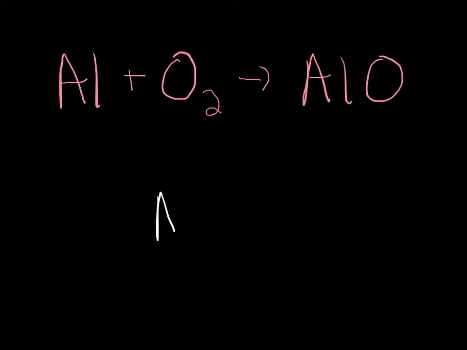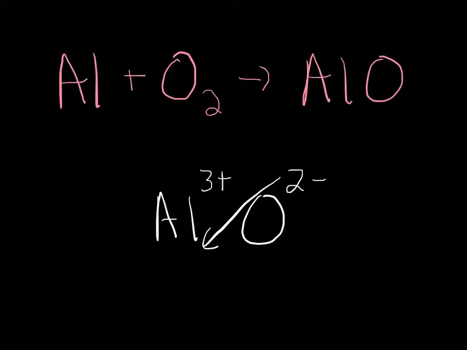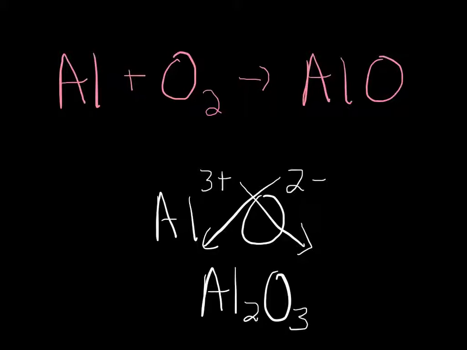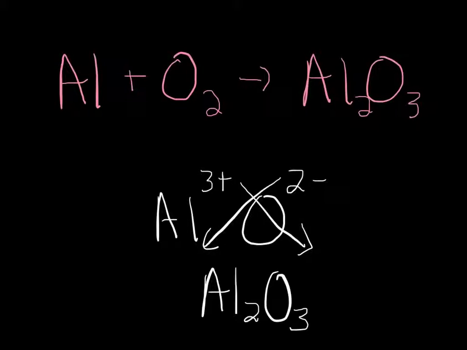So I look at aluminum on the periodic table and its charge is +3. Oxygen's charge is -2. So when we cross and drop these charges to make it neutral, my formula is Al2O3. So the correct answer up here needs to be Al2O3.